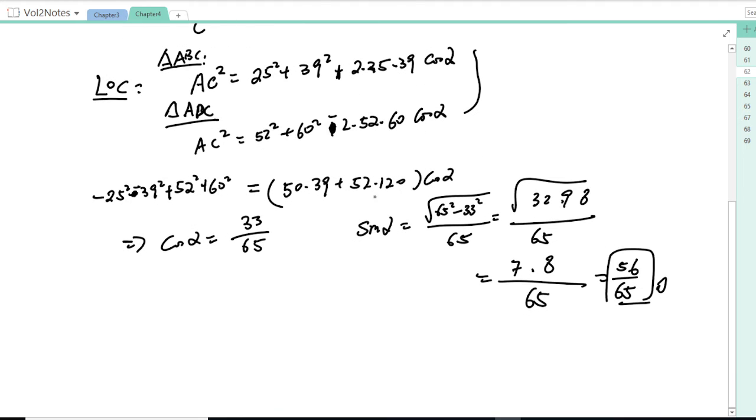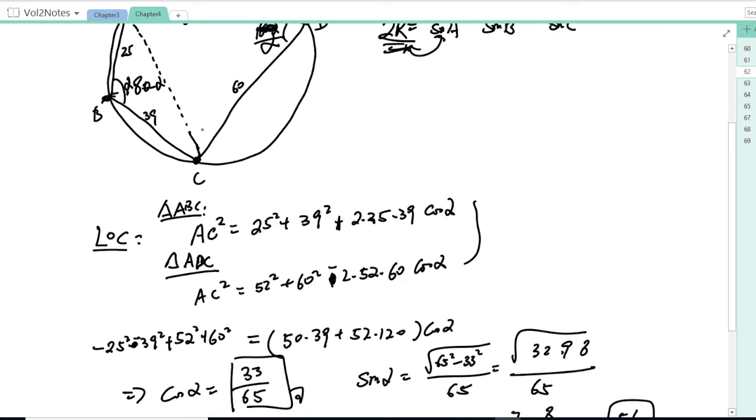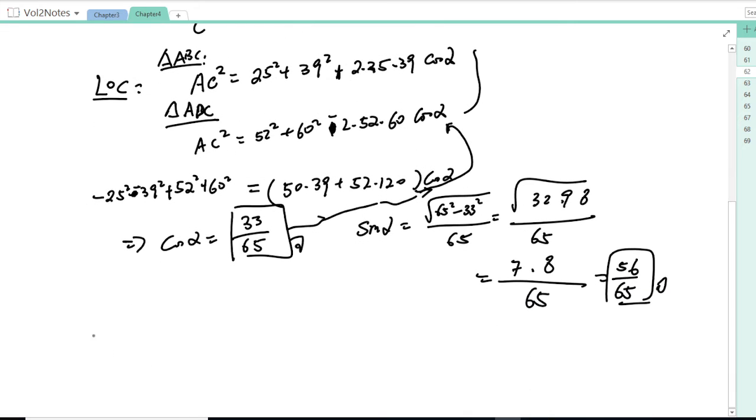So we know cosine alpha and sine alpha, and the only thing we're missing is AC. Now we can solve AC. AC squared equals 52 squared plus 60 squared minus 2 times 52 times 60 times 33 over 65.